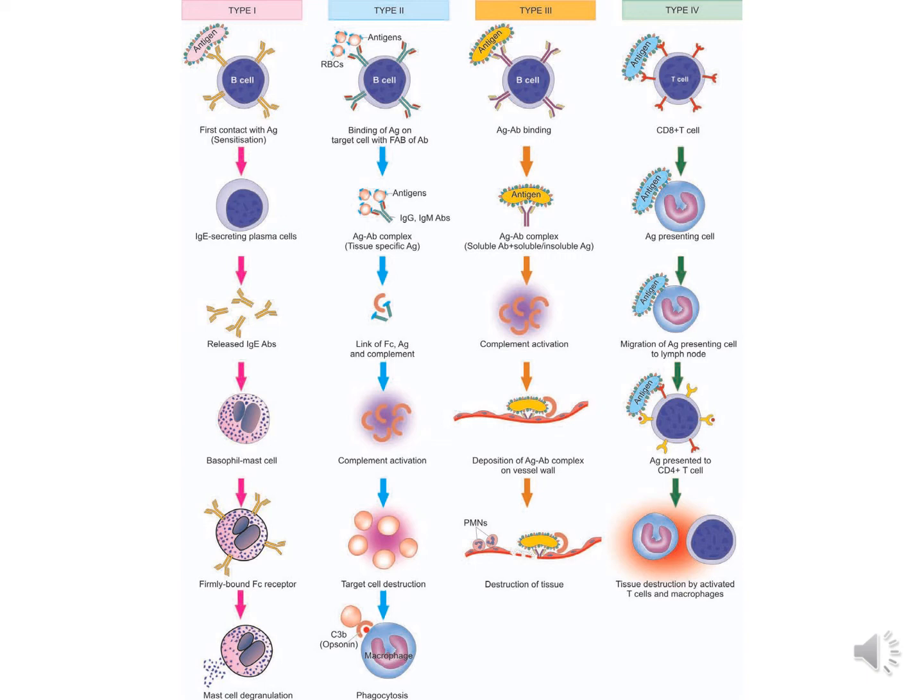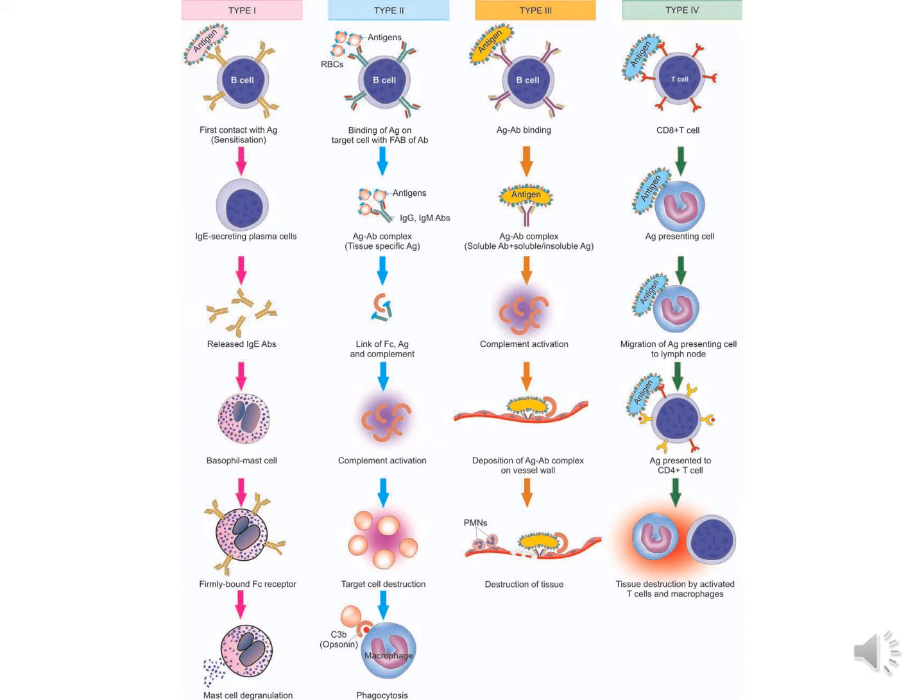Then goes the link of Fc antigen and complement and activation of complement, and then goes target cell destruction and then phagocytosis of the destroyed cell fragments.